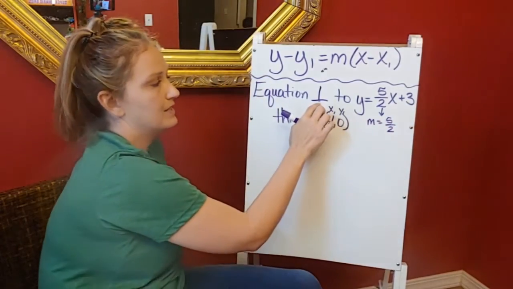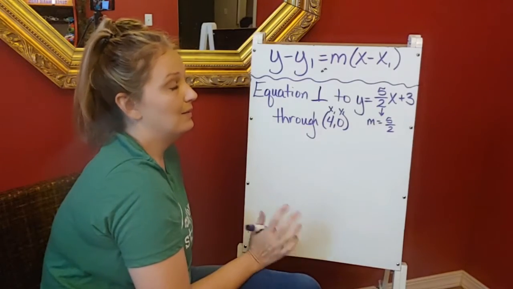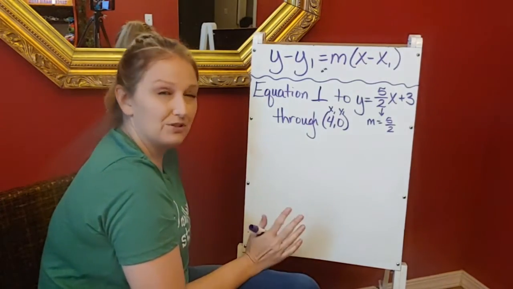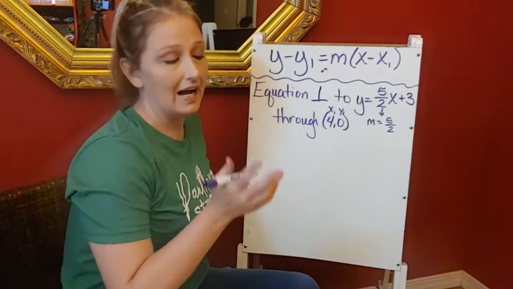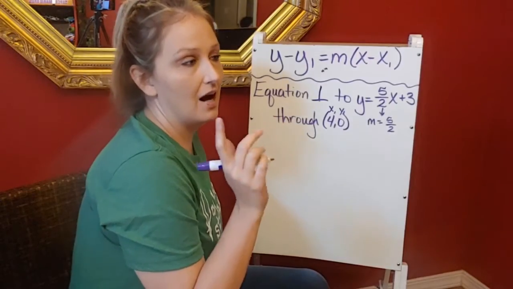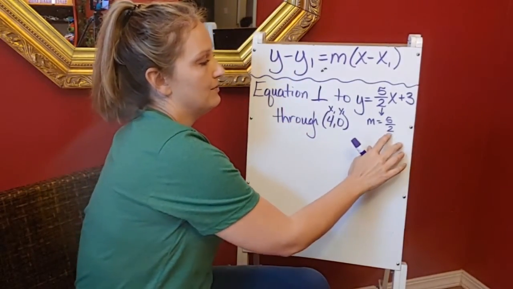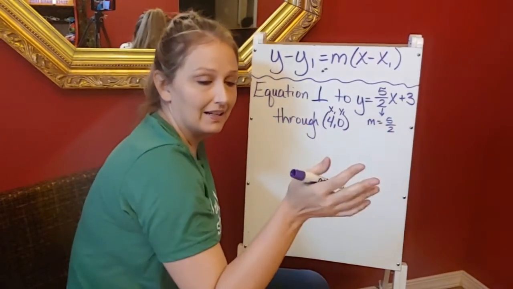But since I want this to be perpendicular and not parallel, I'm going to have to do something to the slope. Now, if it were parallel, I would use the same slope. But since it's not, I want one that's perpendicular, I have to use the opposite reciprocal slope. So the opposite reciprocal of 5/2. That just means if it's positive, I'm going to make it negative.